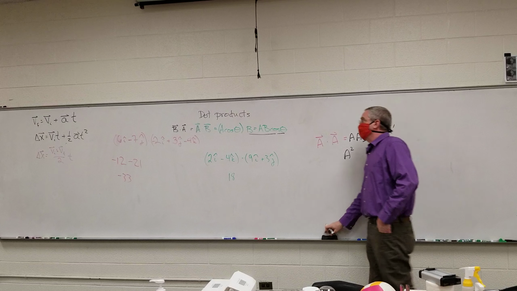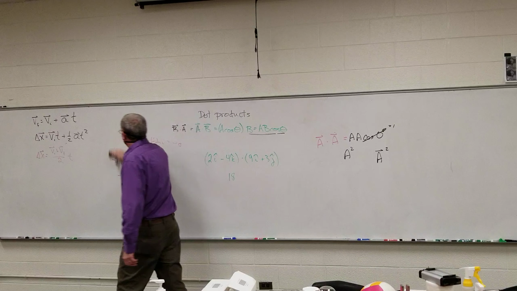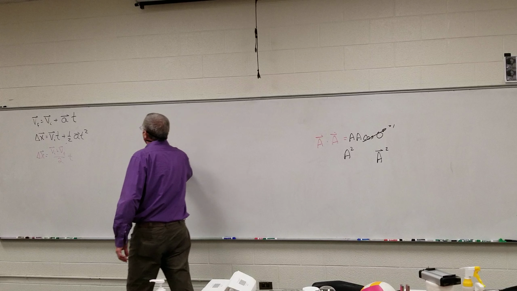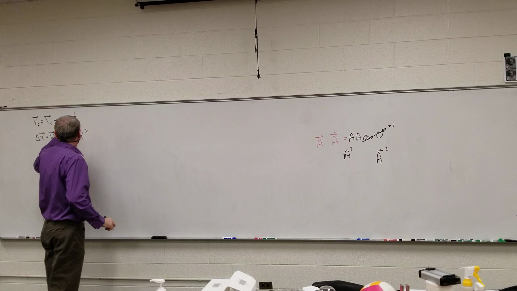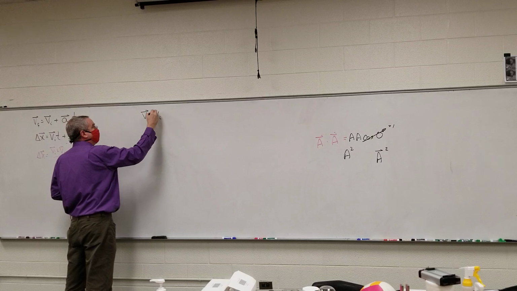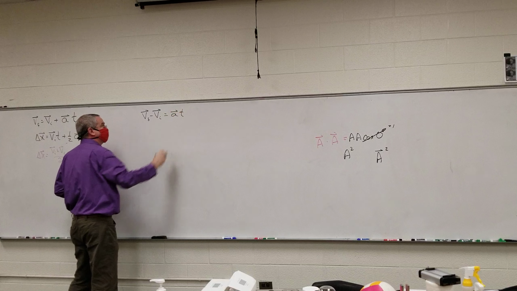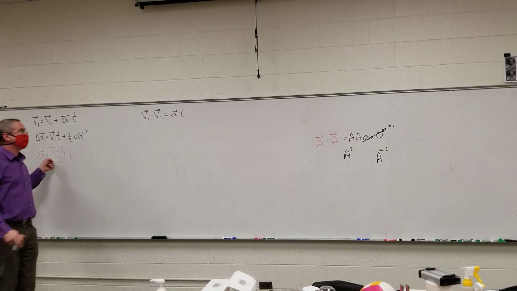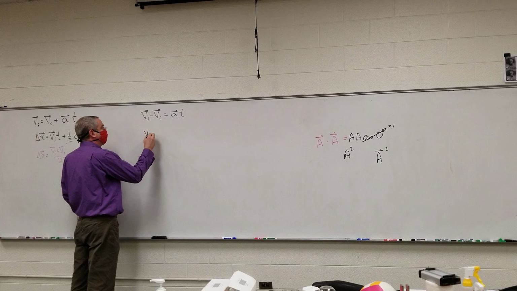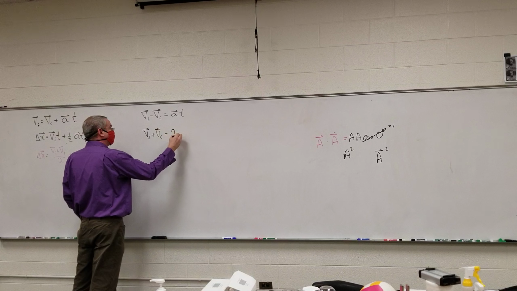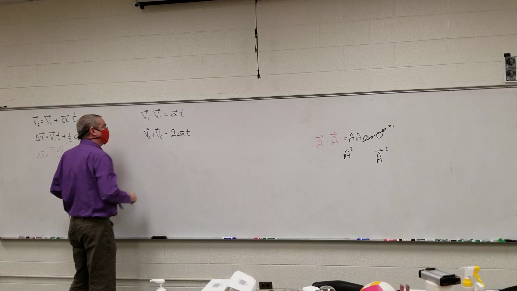So now, let's go back over here. From this first equation, or from the derivation of it, I have VF minus VI is equal to AT. From this equation right here, I have VF plus VI is equal to 2 delta x times time.